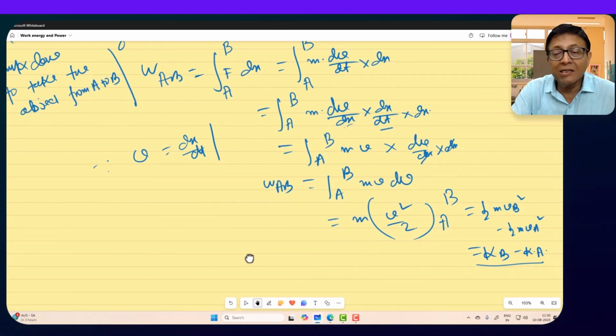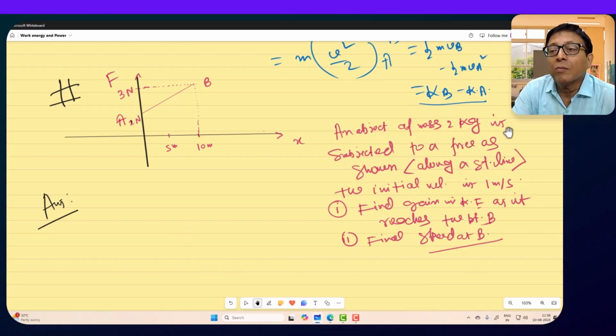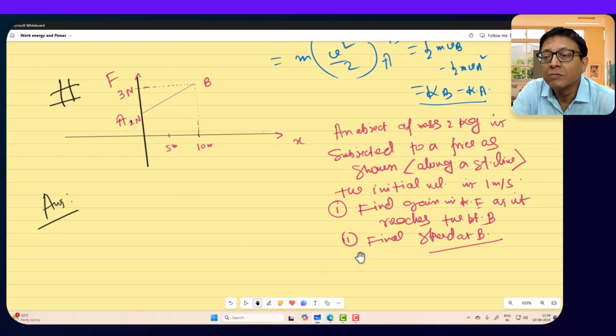There is a beautiful application of this concept. So, for this problem, an object of mass 2 kg is subjected to a force as shown in the figure. From A to B, the force changes from 2 Newton to 3 Newton.